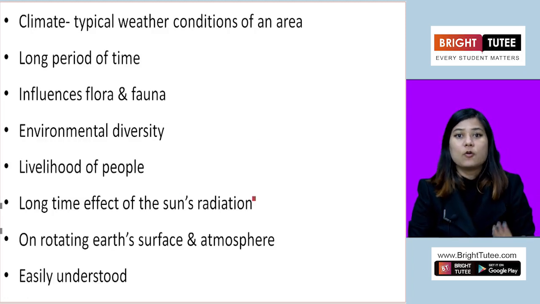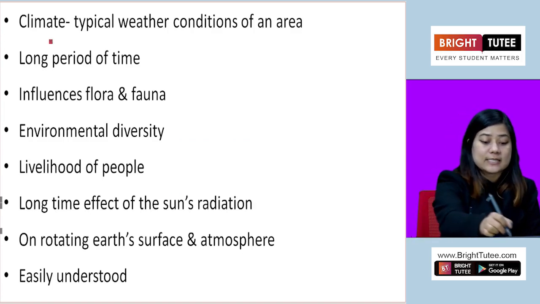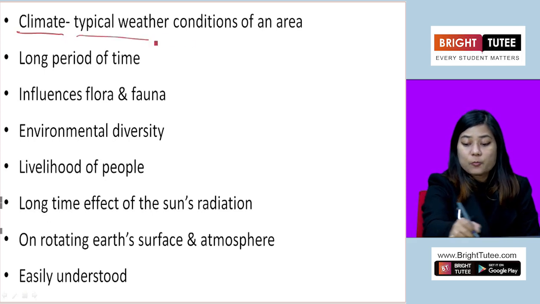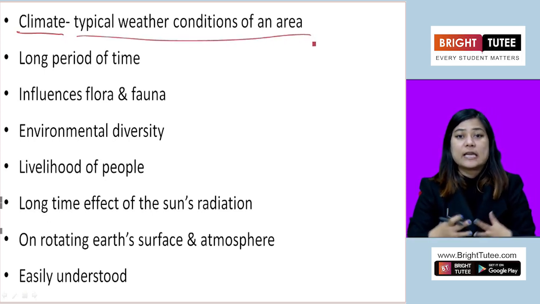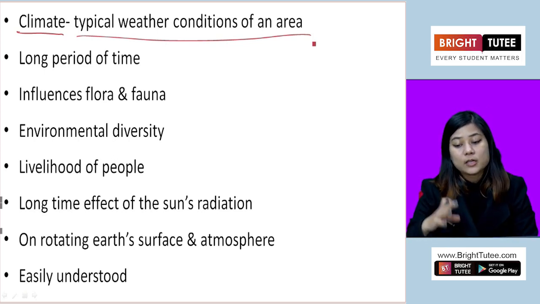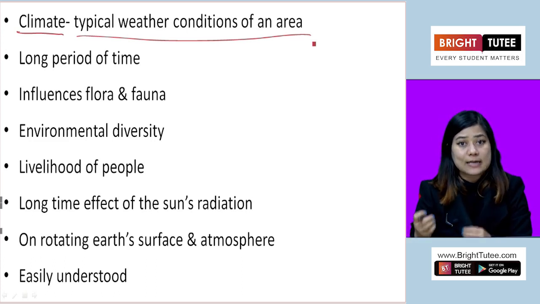Now, before we go on, the first thing that comes to our mind is what is climate, right? Climate is the typical weather conditions of an area. So, imagine India is an area. The typical weather condition of an area of India is called climate.